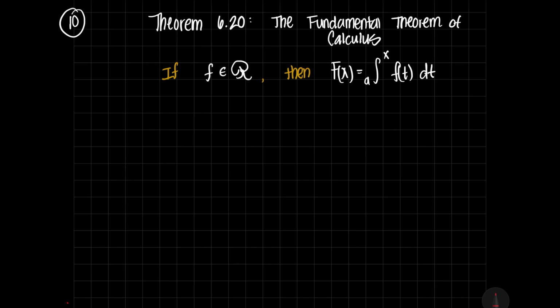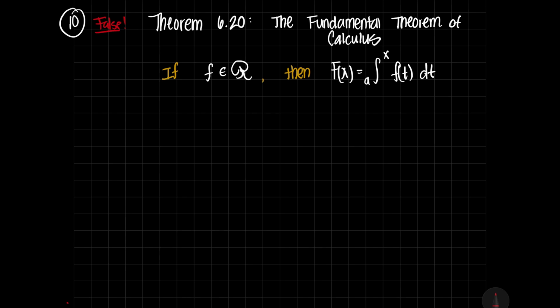We're on number 10, and this statement is actually false. Not the one on the screen, but theorem 6.20, the fundamental theorem of calculus: if you have a function that is Riemann integrable, then the integral function is differentiable at a specific point.